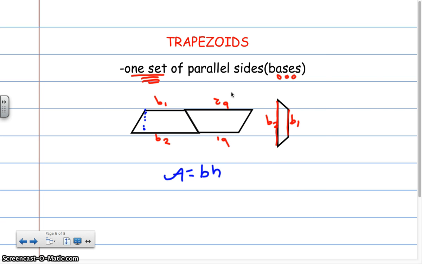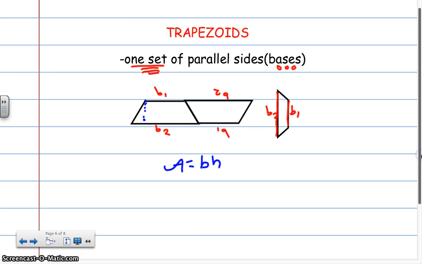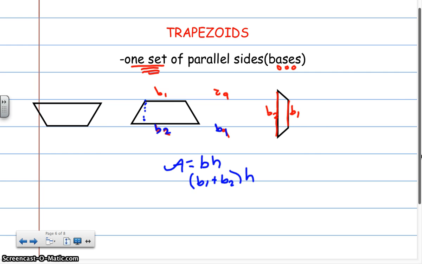If you clone the trapezoid, you can form a parallelogram. So my base for this parallelogram would really be B1 plus B2, wouldn't it? Yes, because this is B2, this is B1, just upside down because I rotated it, times the height. But instead of leaving it like that, I only had one of them, so I just divide it by 2.